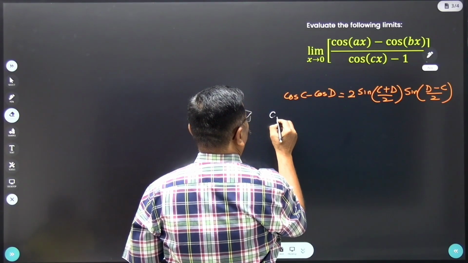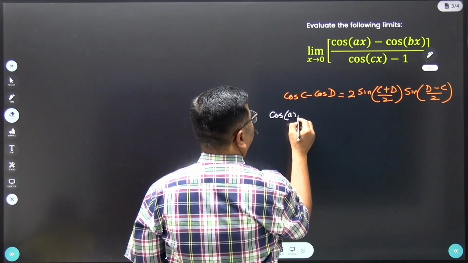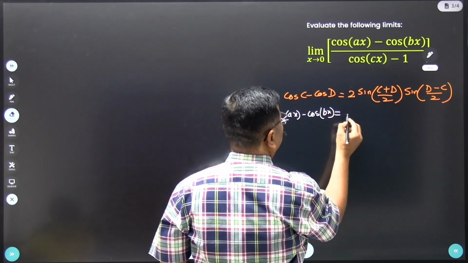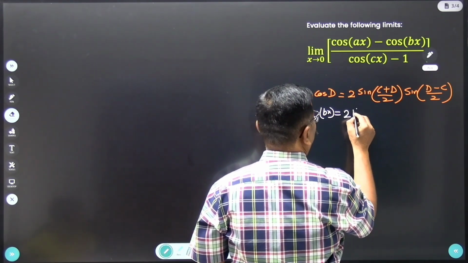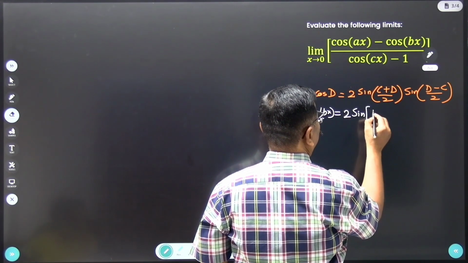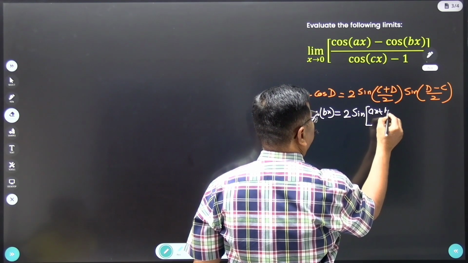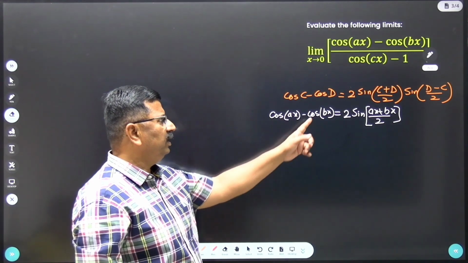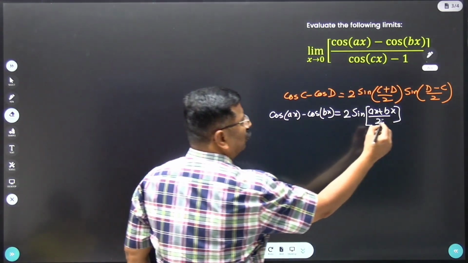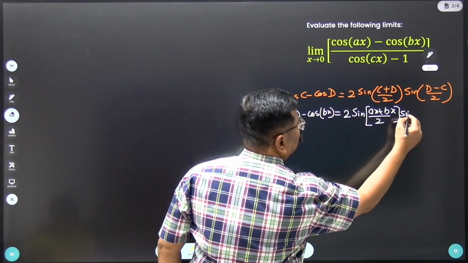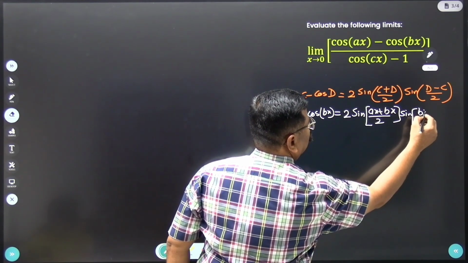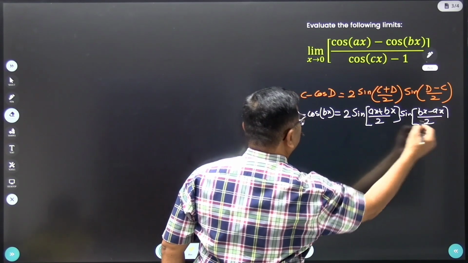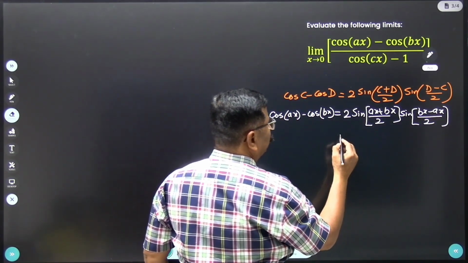Therefore, cos ax minus cos bx is equal to 2 sin((ax plus bx)/2) into sin((bx minus ax)/2).